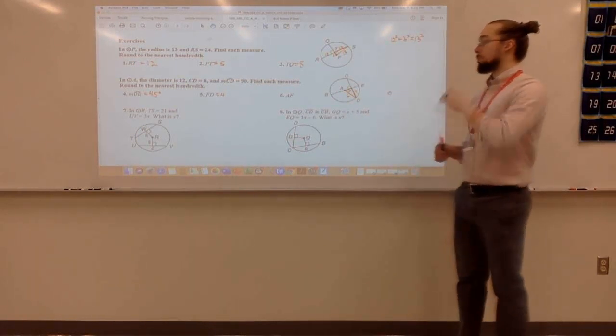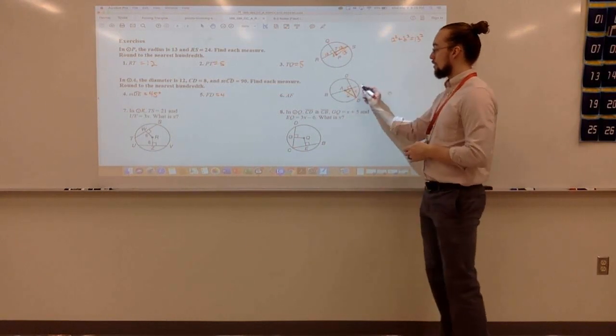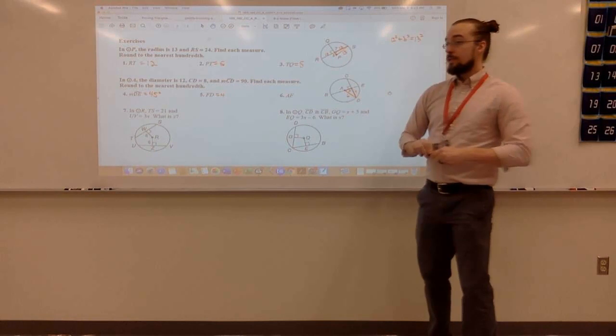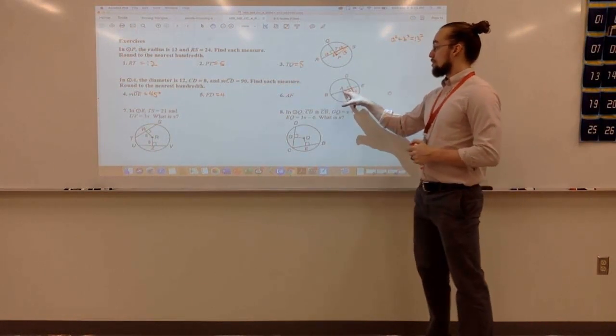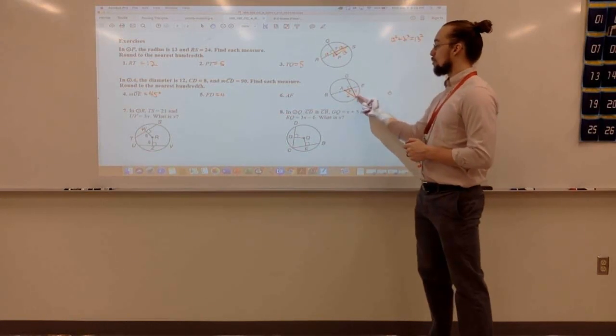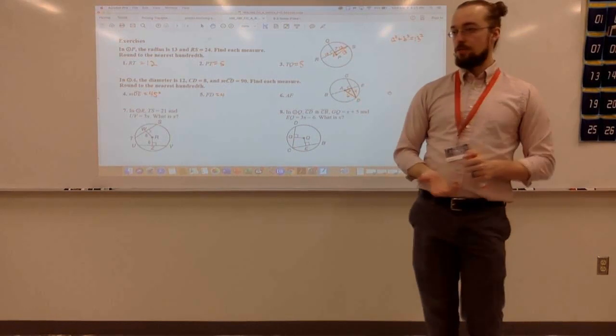Oh, I see what you're saying. So this angle right here, angle EFD, is not a central angle. The vertex isn't at the center. That idea that the intercepted arc and the angle are equal only applies if the vertex of the angle we're looking at is at the center of the circle.